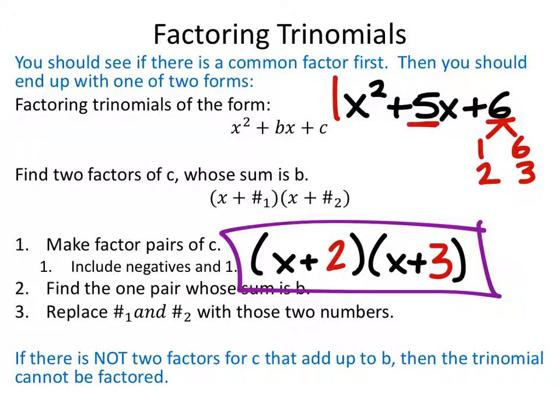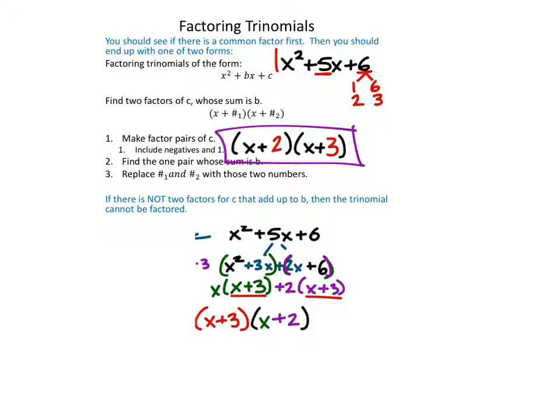Now why does it end up being that way? Well, we just showed that with this other stuff, right? So we saw we can split up the 5x into the 3x and the 2x. And then this is called factoring by grouping, where we look at these as two binomials again. Then we factor out whatever the greatest common factor is for both binomials. This was x, that was 2.